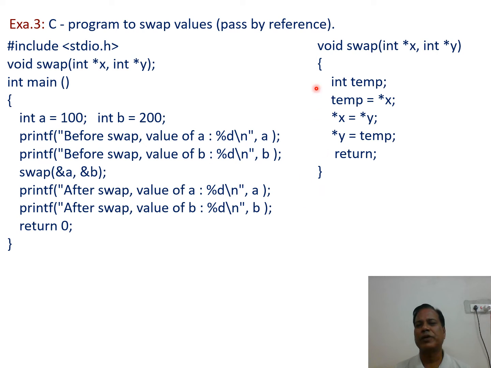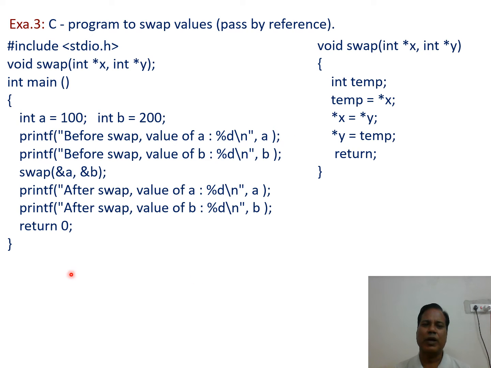Whenever a function is called, it receives the memory location, and that is stored in the pointer variables x and y, and then executing its body, the values at the memory locations get swapped.